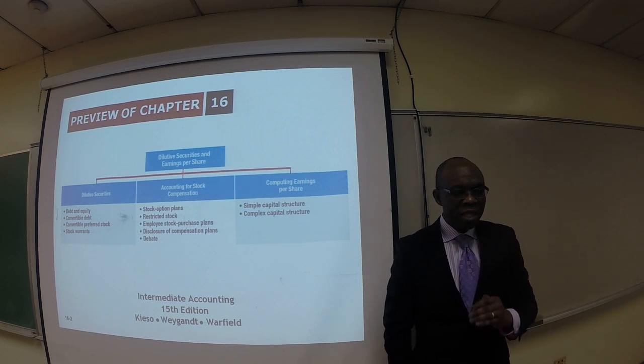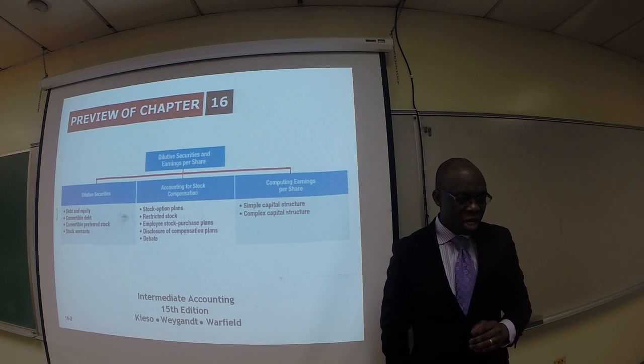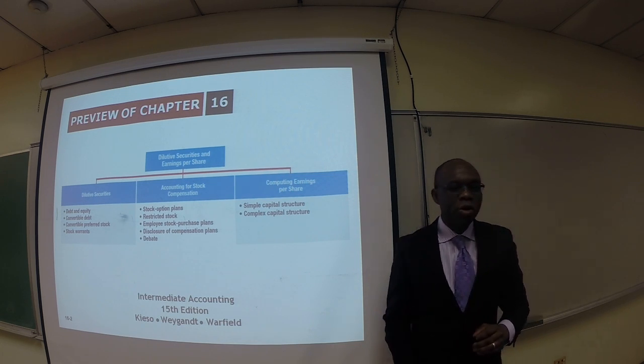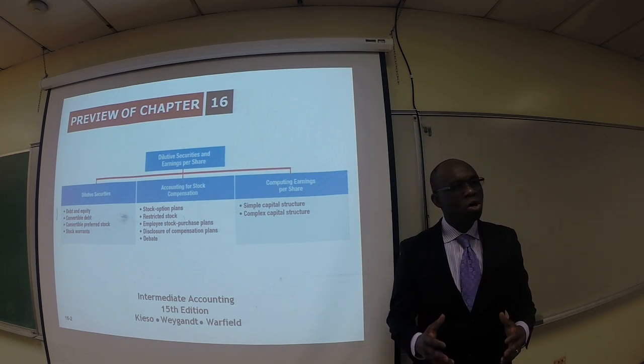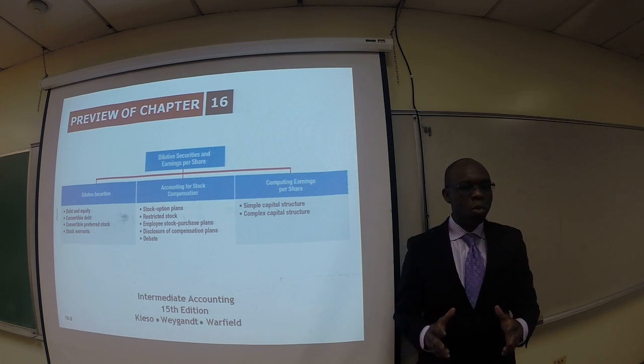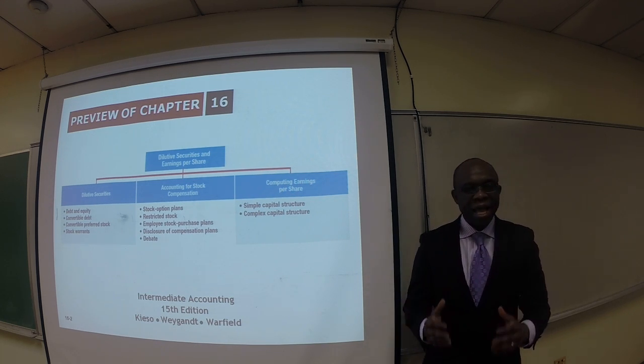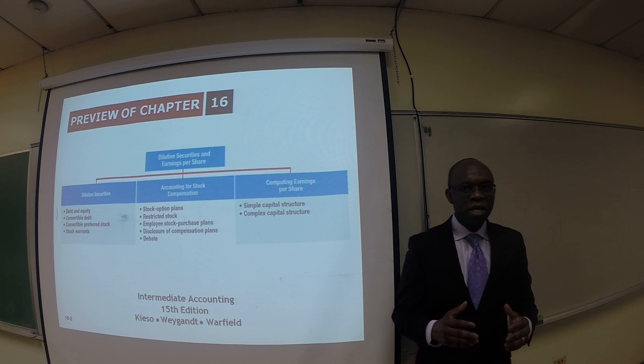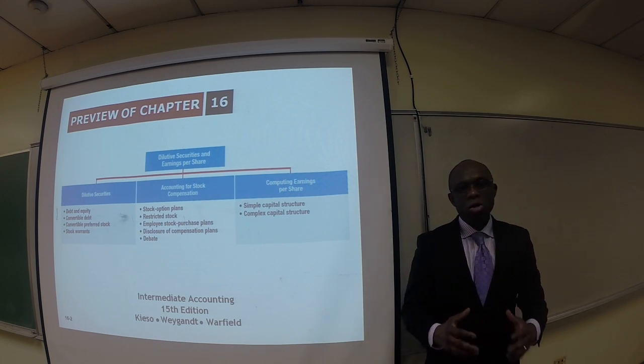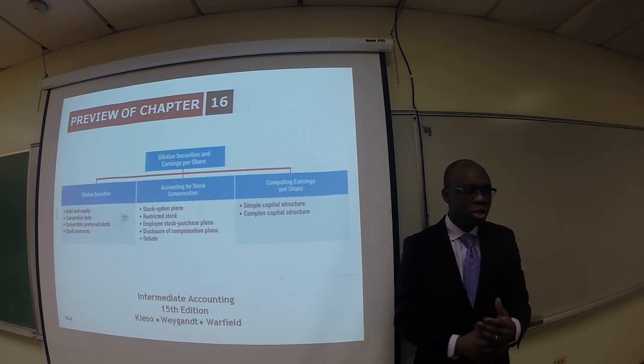Chapter 16, Dilutive Securities and Earnings per Share. As you already know, the objective of this course is threefold. Number one, we are to understand the accounting principles of the relevant topic and also learn how to apply those principles.